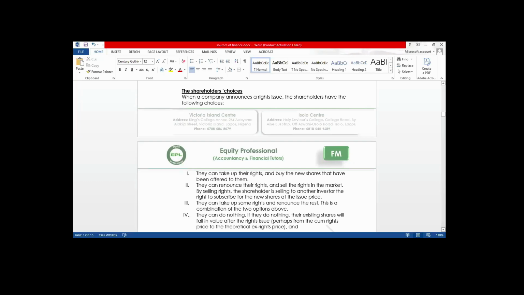It's a right. The existing shareholders are given the right to subscribe for more shares in the company. The shareholder has a choice whether to subscribe or not to subscribe.